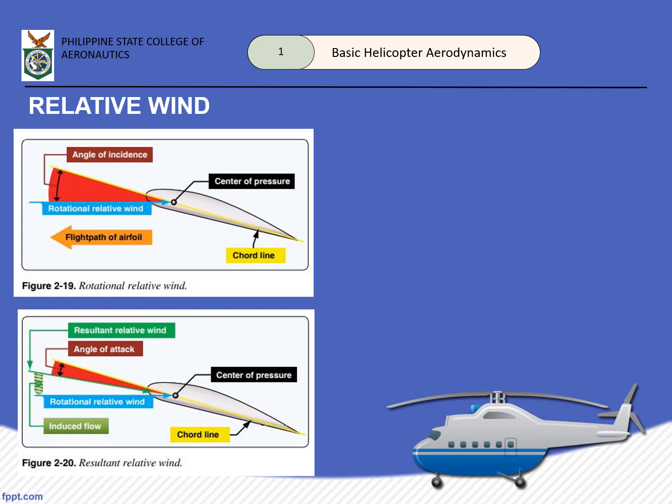And while we talk about naman the resultant relative wind, the resultant relative wind at a hover is basically our rotational relative wind din natin siya. But ano naging difference? This one is affected by our induced flow. Later on, we would be introduced to the term induced flow.